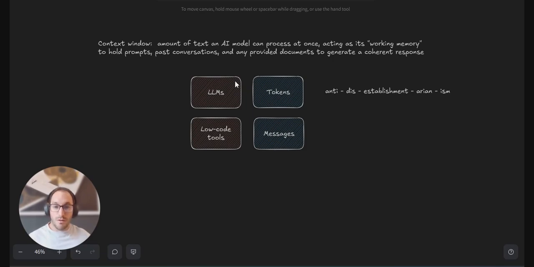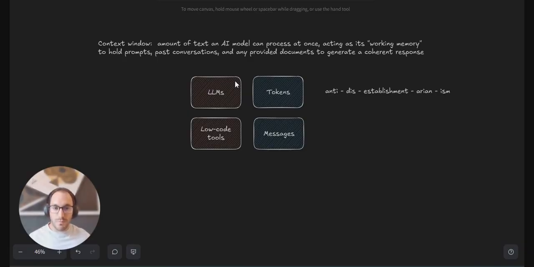And in most cases, LLMs measure context windows by the number of tokens. If you're not familiar with tokens, they're pieces of a word. For longer words like anti-disestablishmentarianism, tokens break the word down into anti-disestablishment.